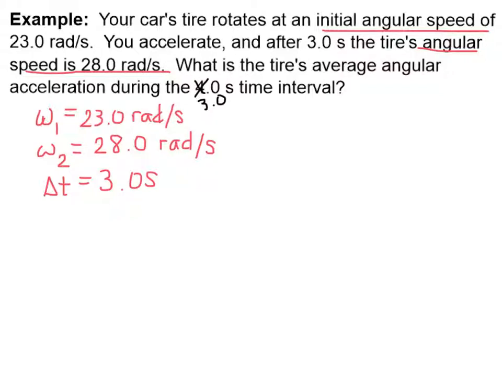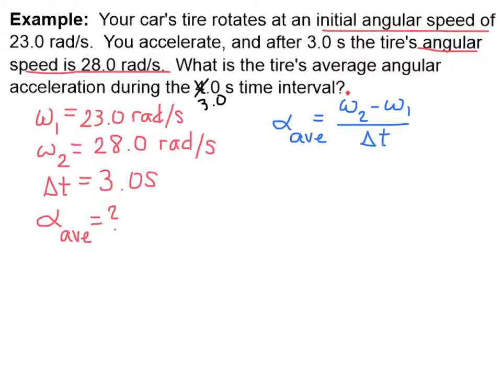So now we're being asked, what is the tire's average angular acceleration during the 3.0 second time interval? So my average angular acceleration is my unknown. I can use my equation for average angular acceleration, the change in angular speed divided by my change in time.